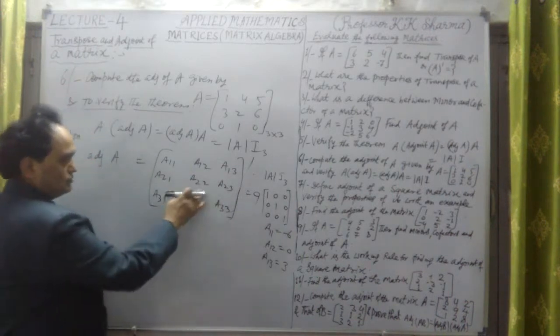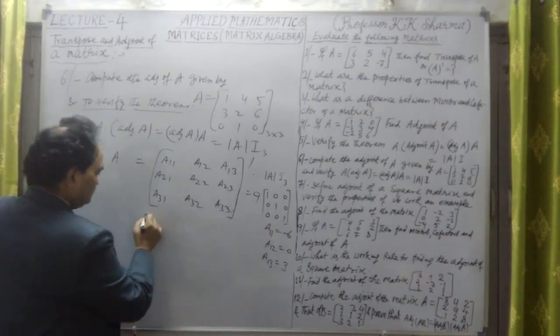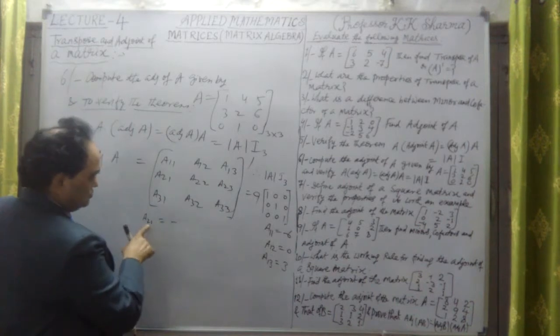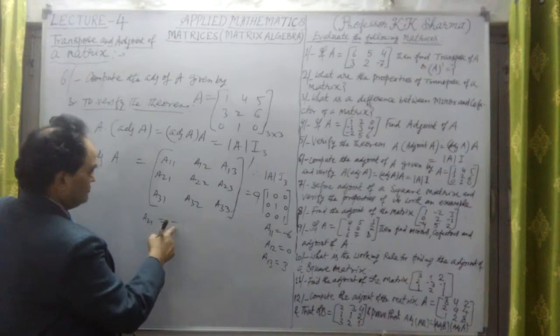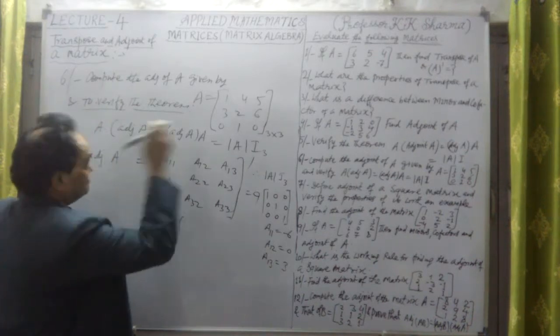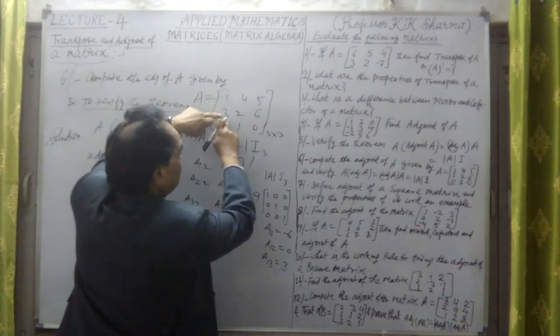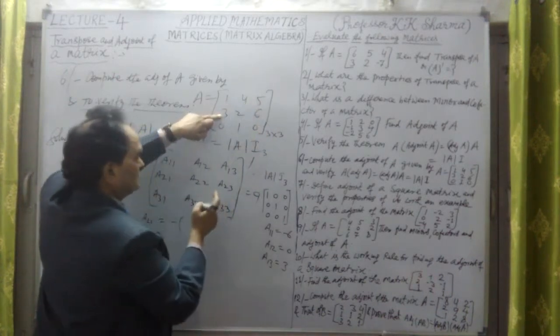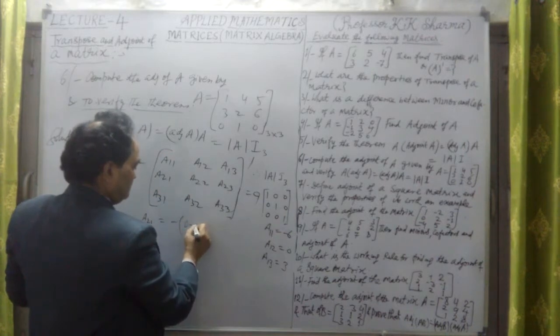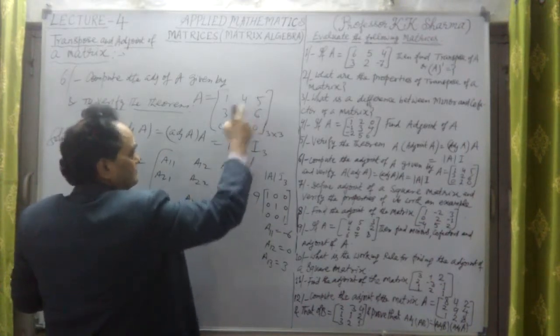Now the second row. A21 is negative, because 2 plus 1 is 3, and minus 1 to the power 3 is negative. Leaving this row and this column, it will be 4 into 0 is 0, minus 5 into 1 is 5.